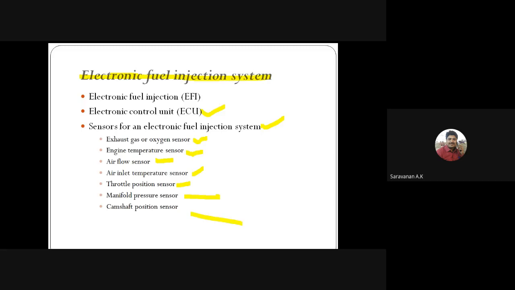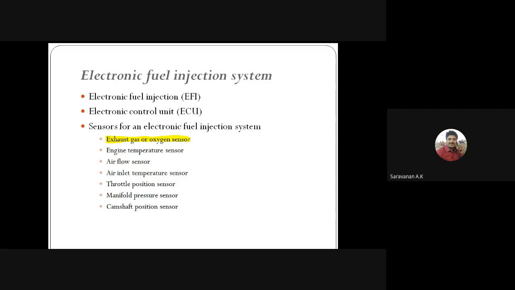Now we can see them one by one. First we can see the exhaust gas or oxygen sensor.